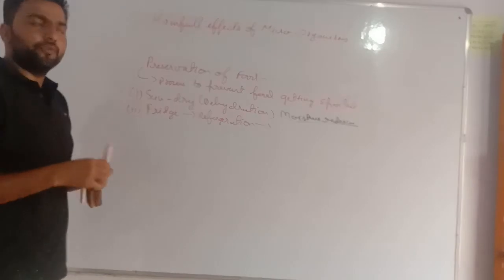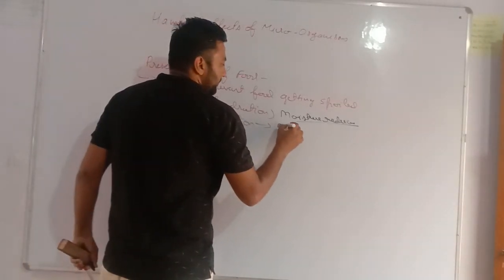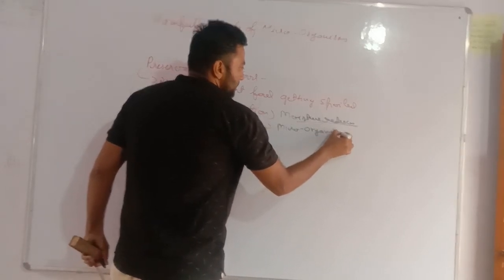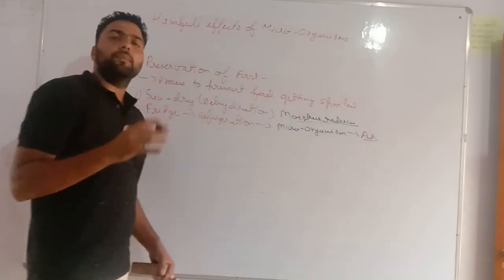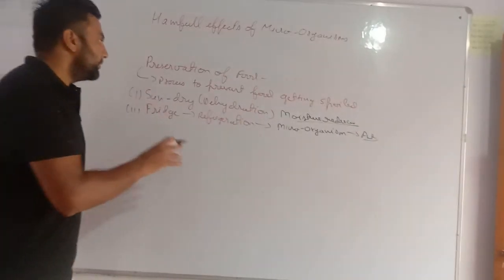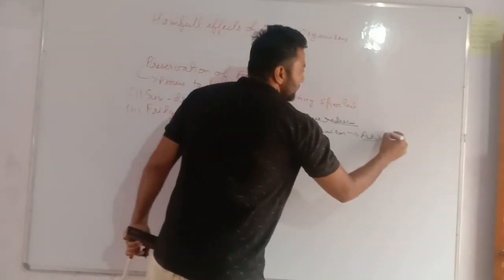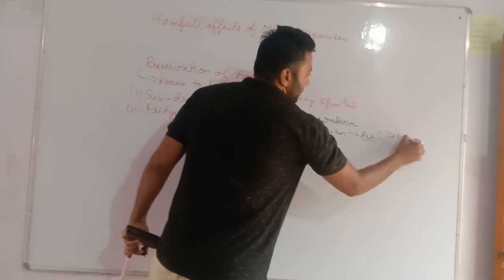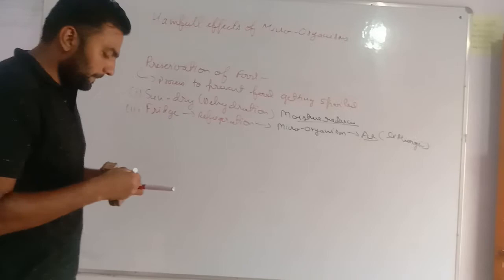When you keep food in the fridge, these microorganisms are unable to act. Why? Because at low temperature they become lethargic. Lethargic means they are not able to act properly.